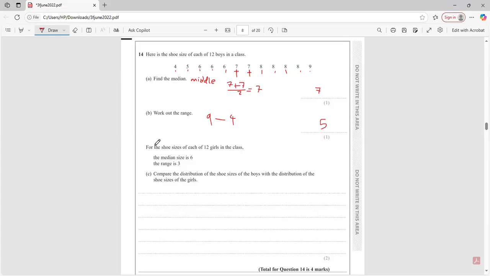Next, it says for the shoe sizes of each of 12 girls in the same class, the median size is 6 and the range is 3. It now says we should compare the distribution of shoe sizes of the boys with the distribution of shoe sizes of the girls.